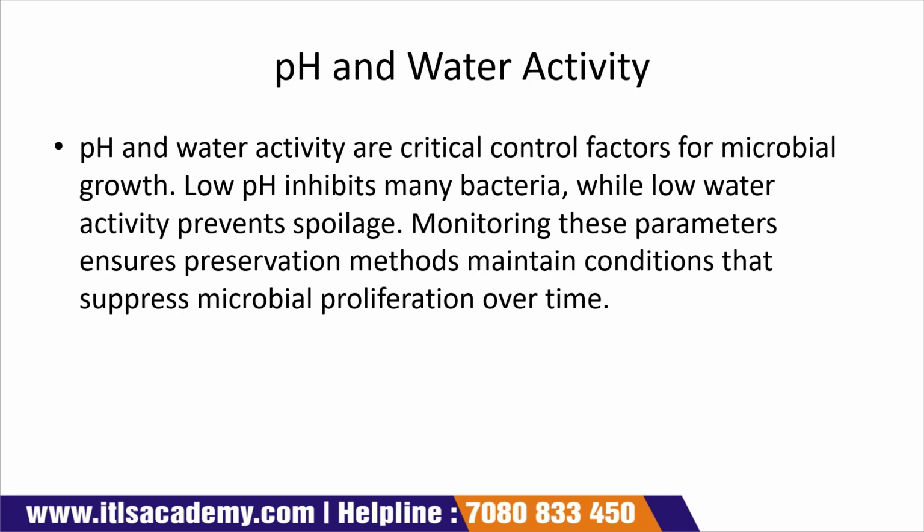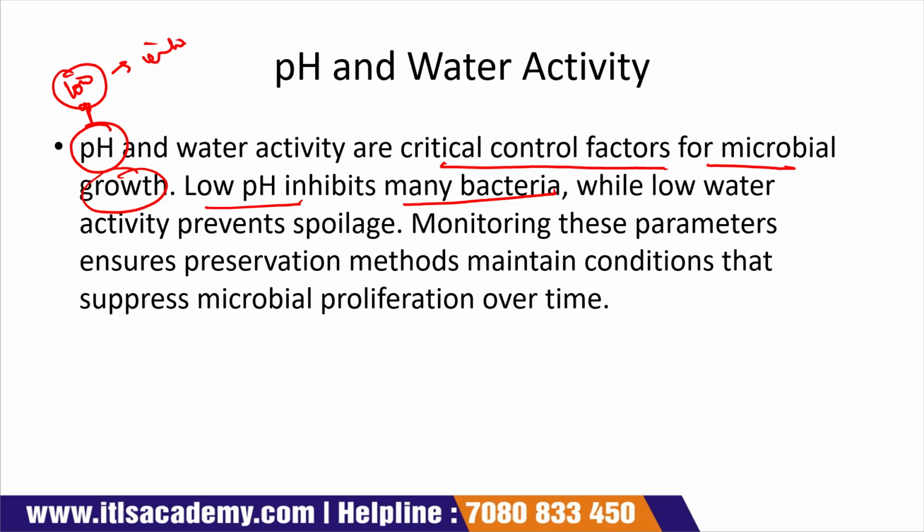pH and water activity. These are the critical control factors for microbial growth. At low pH, it inhibits the growth of bacteria. If the pH is low, then it inhibits the growth of microorganisms. Same with water activity.